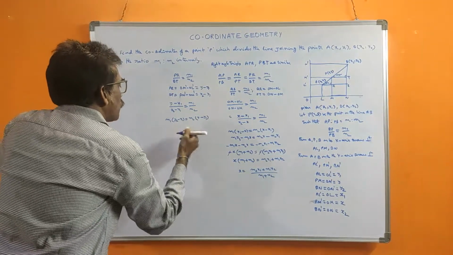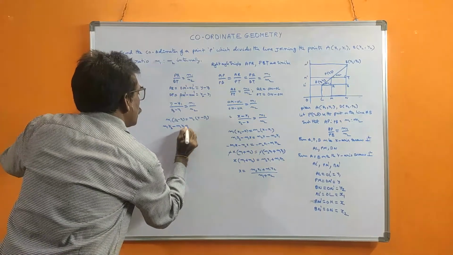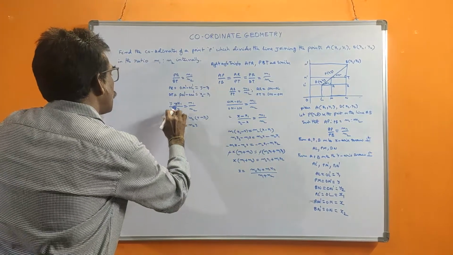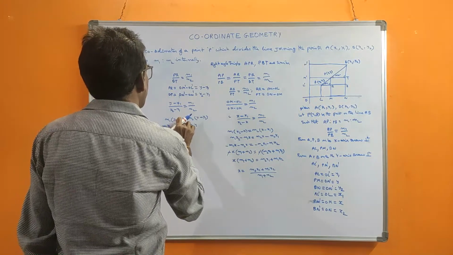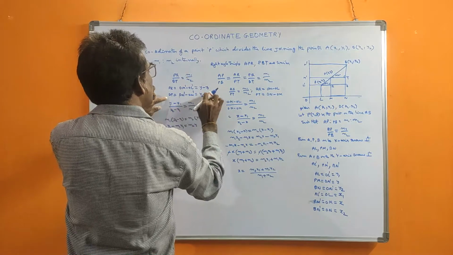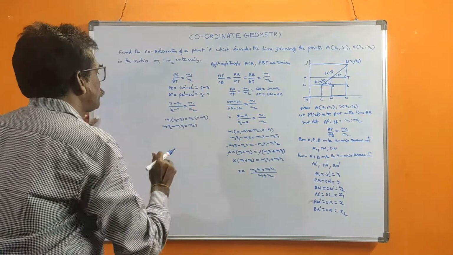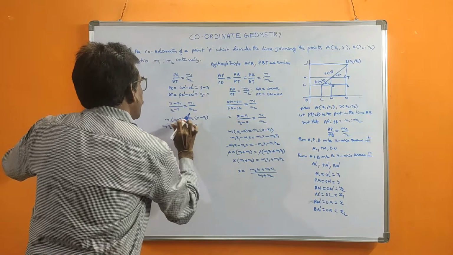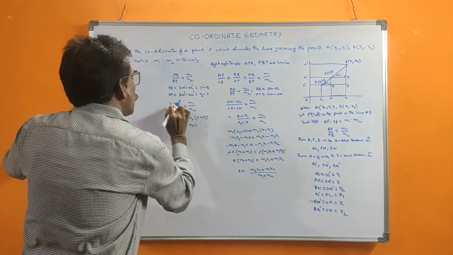Okay, now expand. m1 into y2 minus y is equal to m2 into y minus y1.